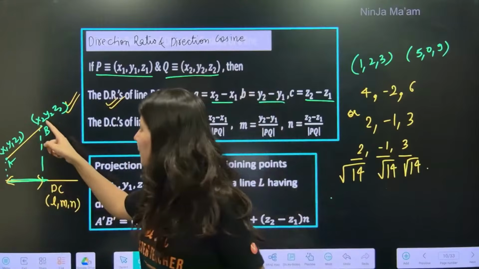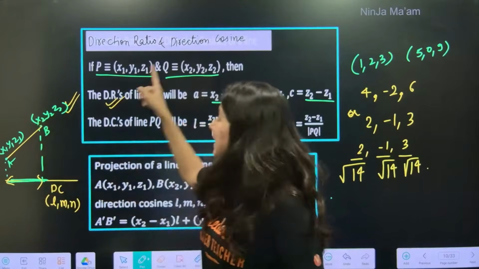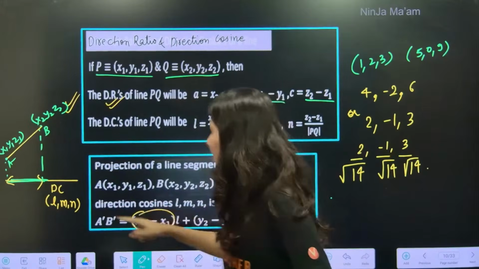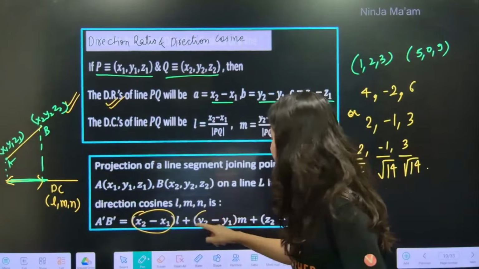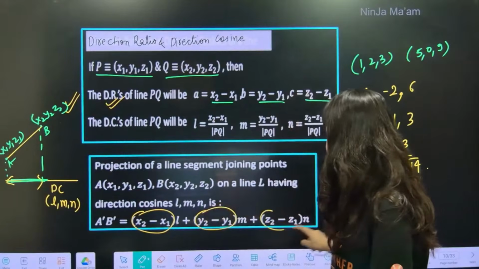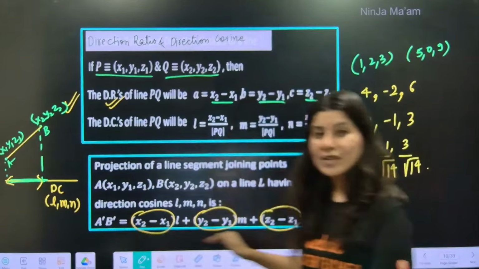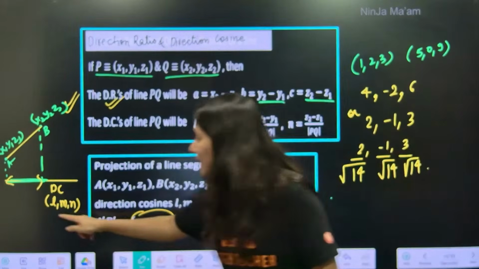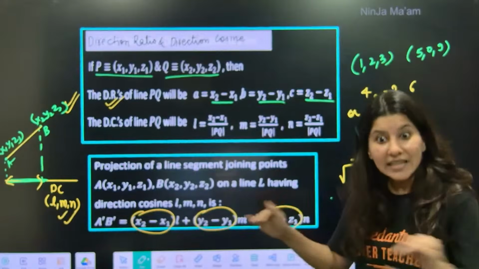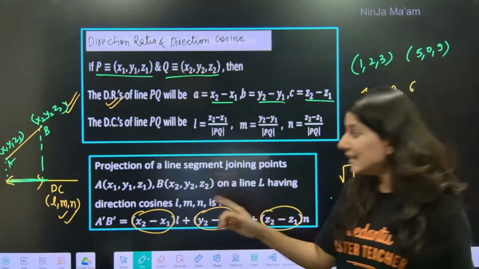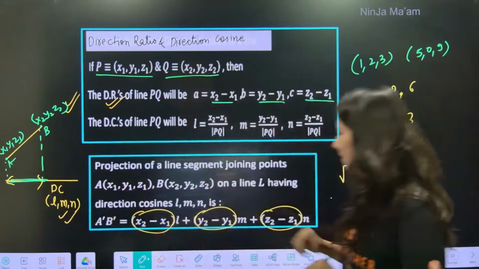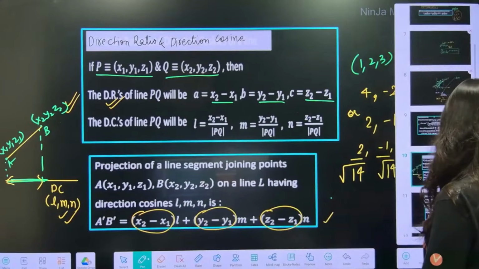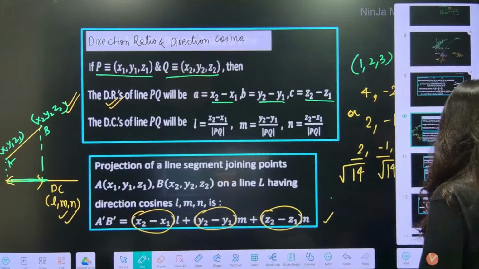All you have to do is figure out DR. x2 minus x1 is DR, y2 minus y1 is DR. So the DR of the line segment will get respectively multiplied with the DC of the line and you will be good to go. Everybody okay? Yes? Alright.